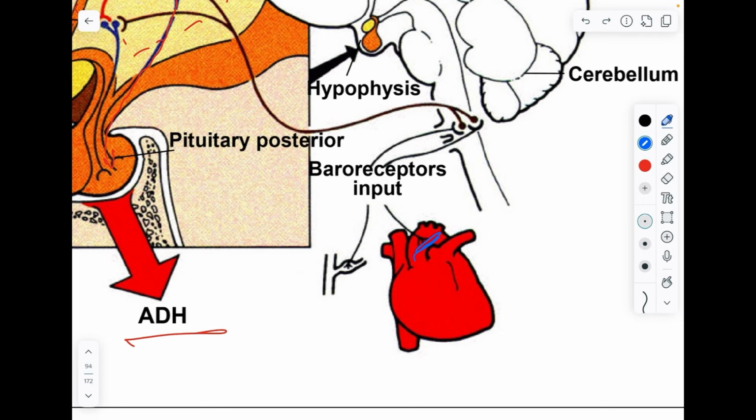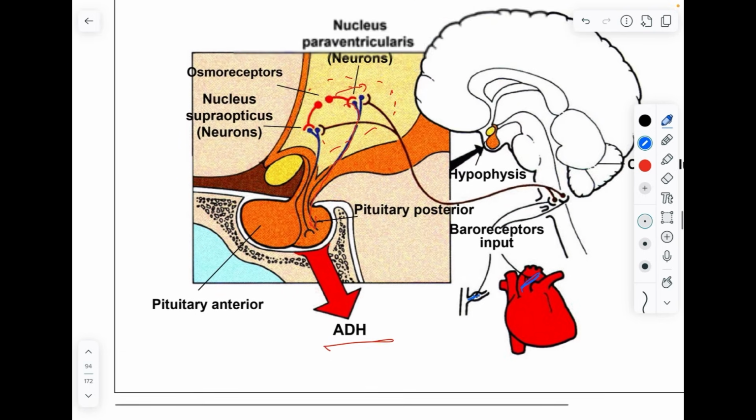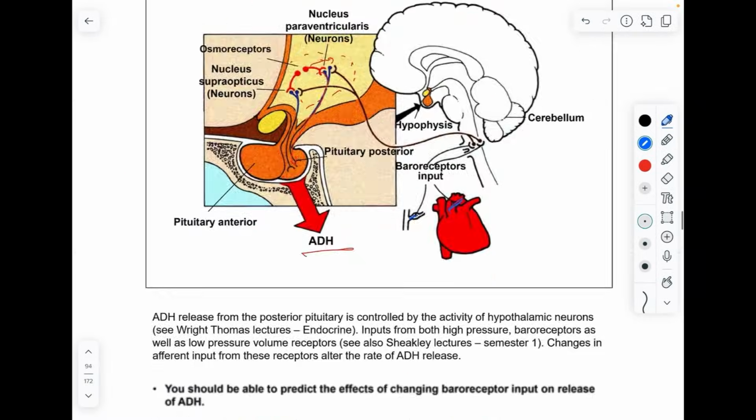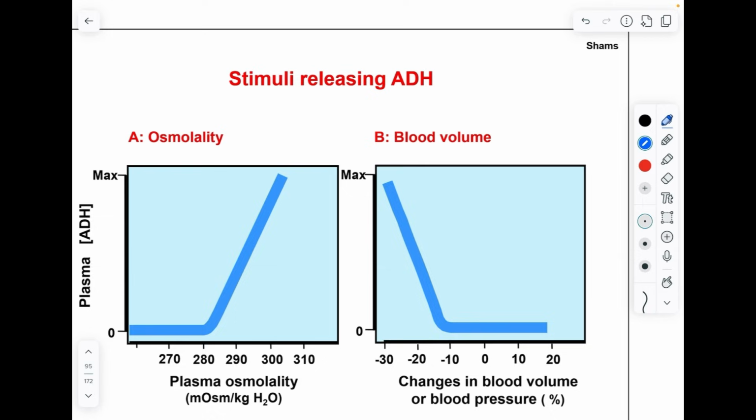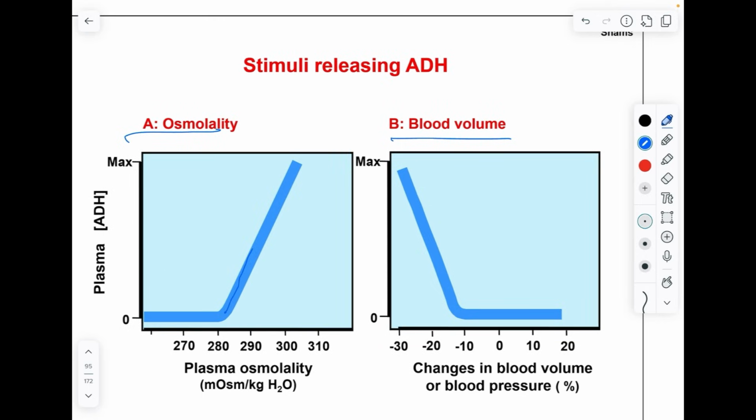So if we have low pressure of blood going into the right atrium, the baroreceptors also have some connections to the hypothalamus, and it tells the posterior pituitary gland to release ADH into the blood. So these are the two cases, and we will discuss it more later. As we said, we are playing with the two things, osmolarity and blood volume. Okay? If the osmolarity increases, that means we want to release ADH.